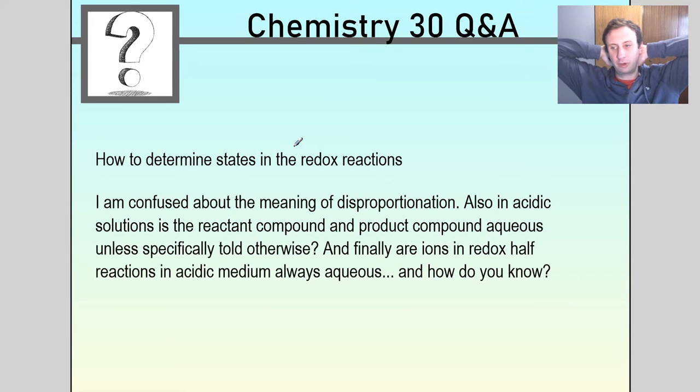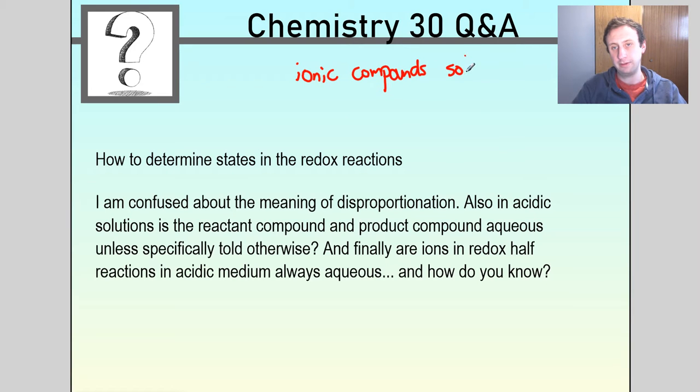How to determine states in redox reactions. So this will become more clear actually in a day once we talk about states and major entities and stuff. So essentially, what I can tell you right now is that all ionic compounds that are soluble turn aqueous. Okay, so soluble, turn aqueous. And when ionic compounds are soluble and they turn aqueous, they dissociate, which is something that you learned about in Chem 20, but that means that they split up into the 2 ions that they're made of.